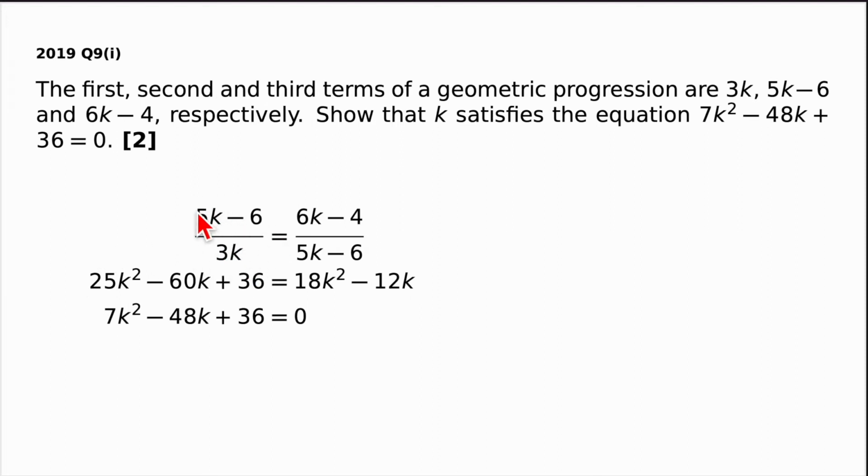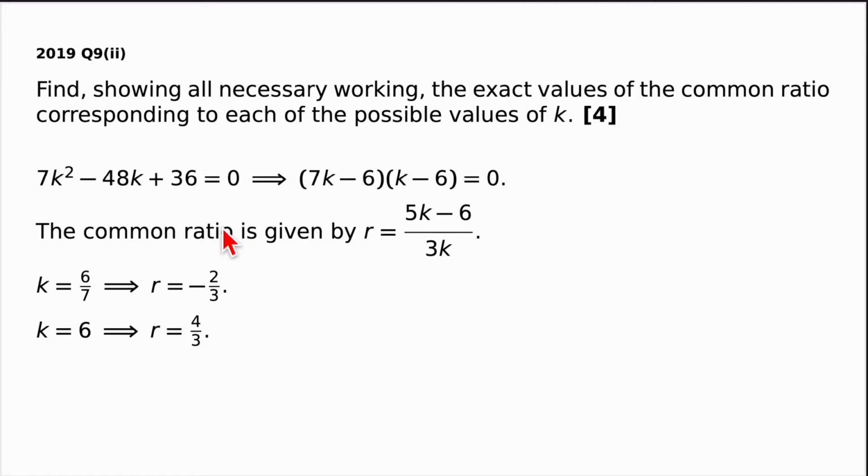So this expression here, 5k minus 6 on top of 3k. Now if k equals 6 over 7, substituting that into this, we find that the common ratio, which is often given the symbol r, is minus 2/3. And the other solution, when k equals 6, substituting k equals 6 in here, we find the common ratio is 4/3. And that was worth 4 marks.